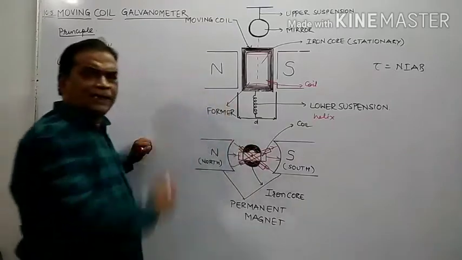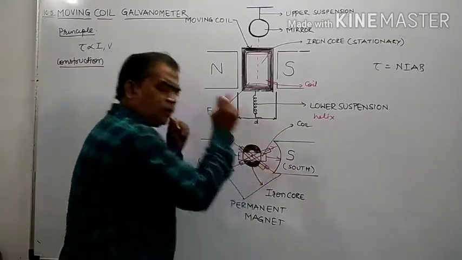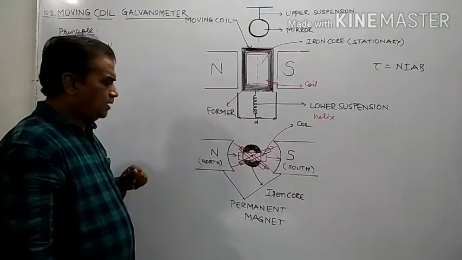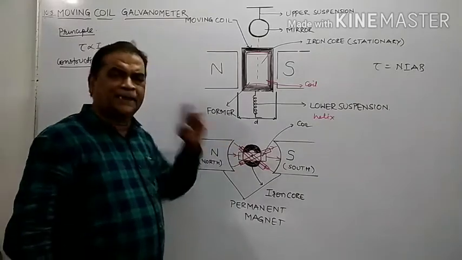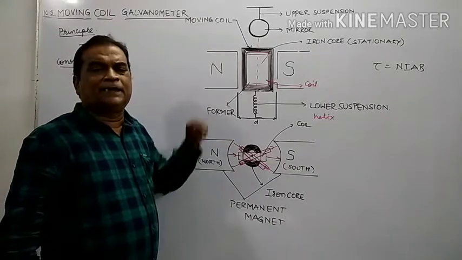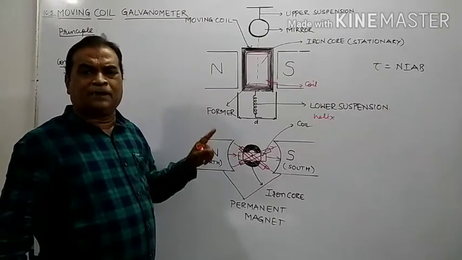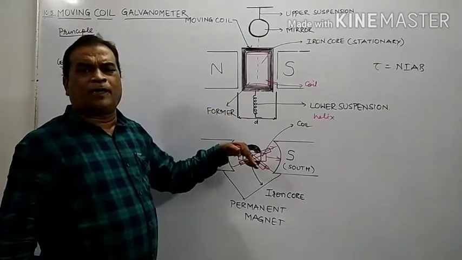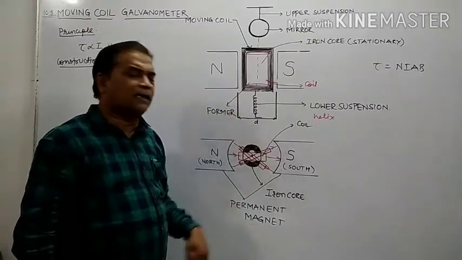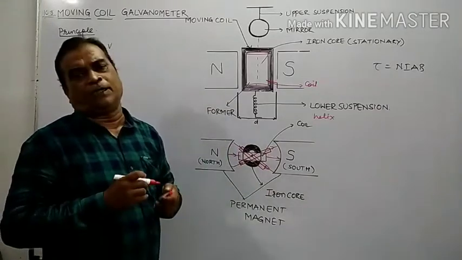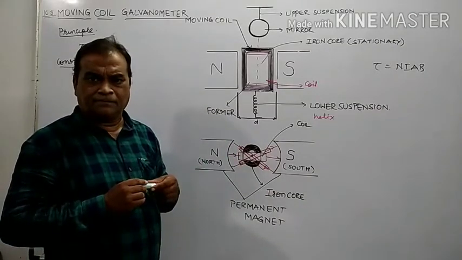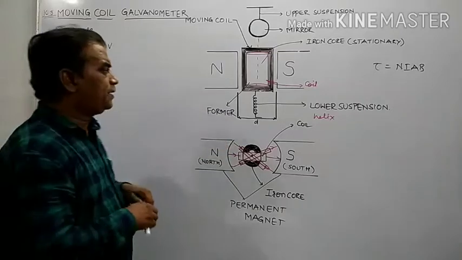So a soft iron core along with cylindrically concave opposite pole pieces helps to produce the radial magnetic field. And the function of the radial magnetic field is that the plane of the coil always remains parallel to the direction of the magnetic field.